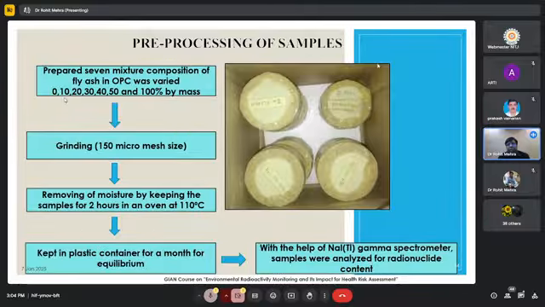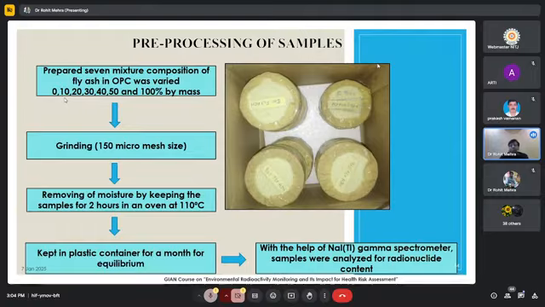And we repeated the processes which I mentioned in the previous slide: we ground those materials, then sieved them through a 150 micrometer mesh. Then we removed the moisture by keeping the samples in an oven at around 110 degrees Celsius for 2 hours. Then we packed those samples for 1 month to attain radioactive equilibrium.